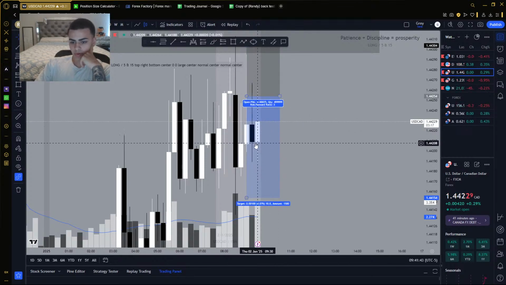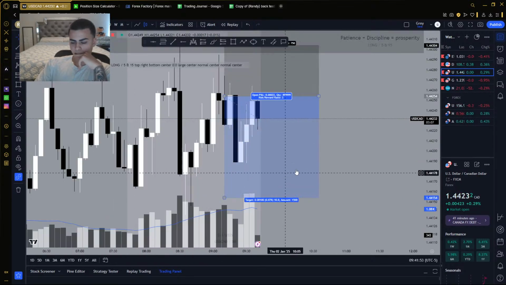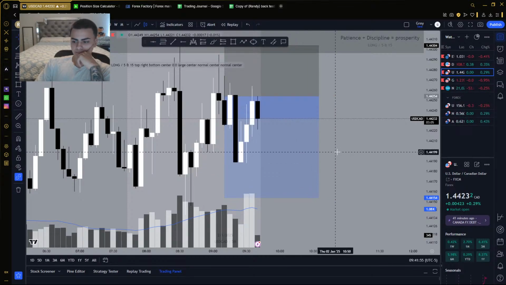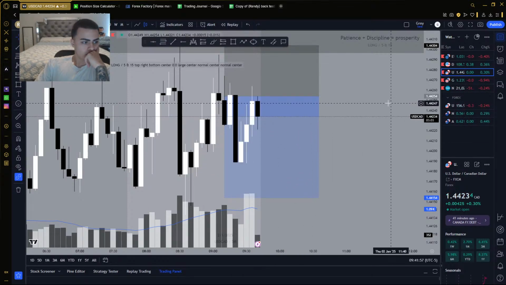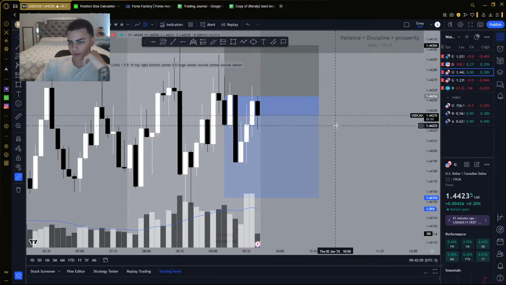If it closes below and black, but if it closes white, I'm out of the trade also. But if it closes below this support and it closes bearish, then I'm still in it. I just gotta wait for this candle to close. If it closes how I don't want it to, even if it's up here, I'm off.